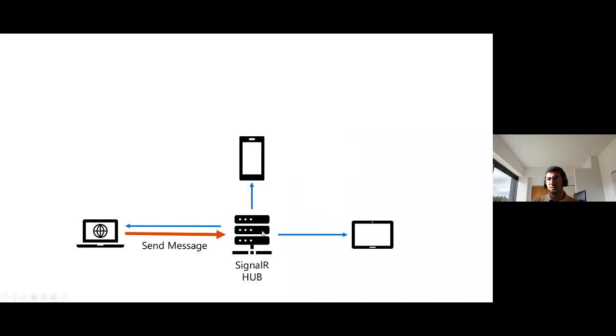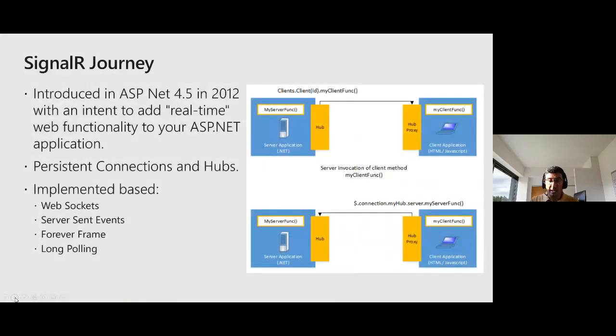So you have the server, you have the hub in between, and it's basically polling messages, pushing them, and enabling this real-time experience. The SignalR hub is the component that simplifies all of that process. And as I mentioned earlier, it's not new, so there's some history to it.